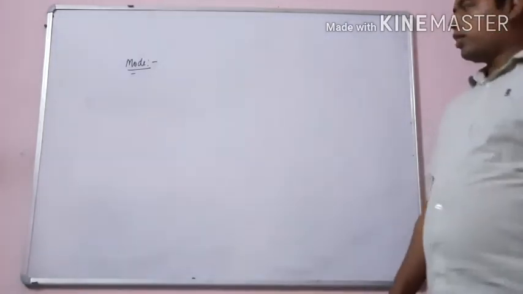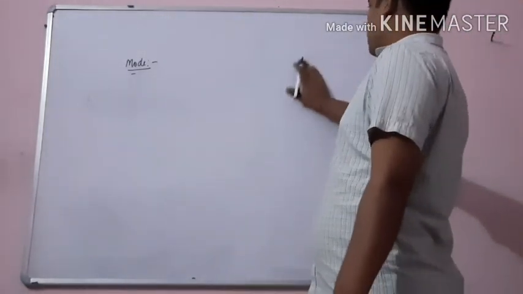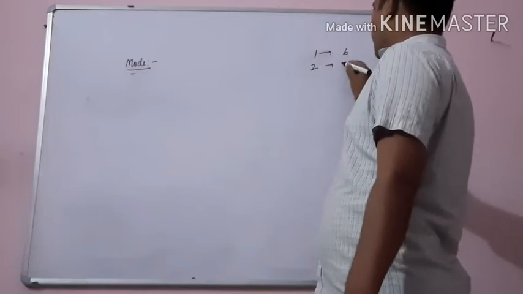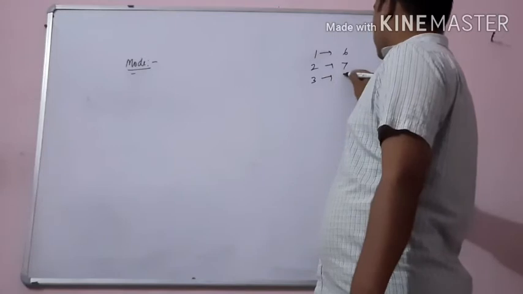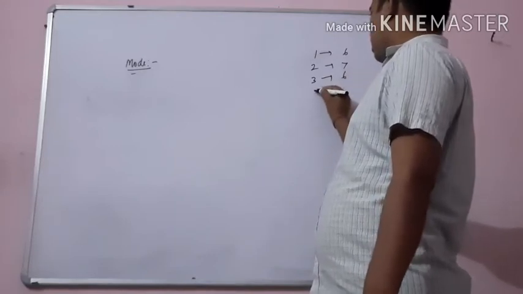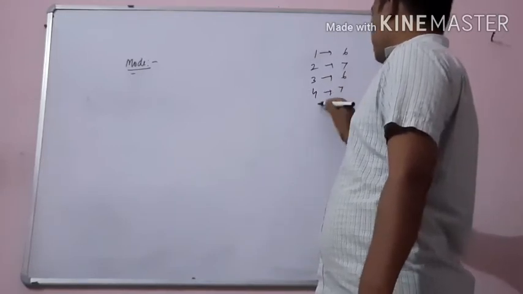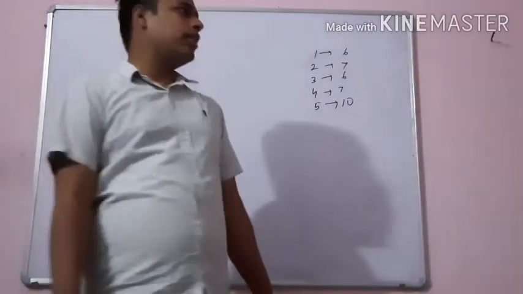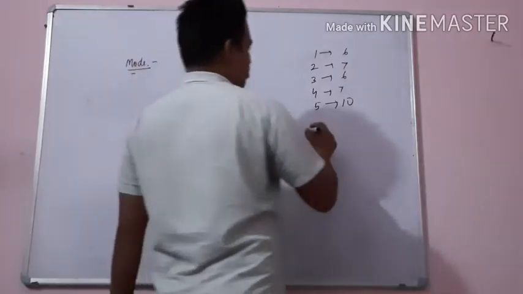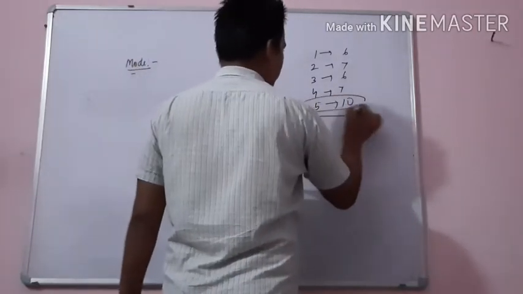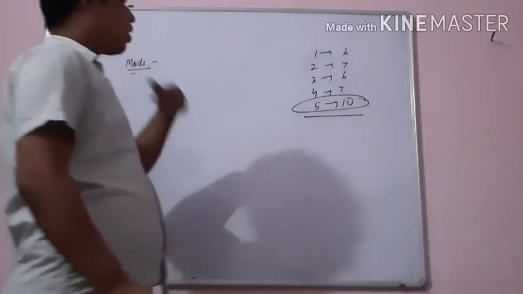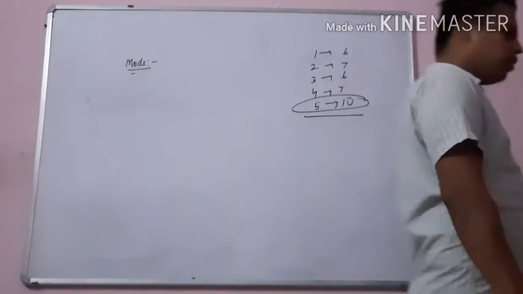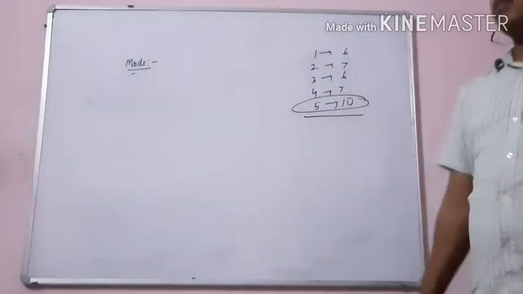Suppose a data is given: 1 occurs 6 times, 2 occurs 7 times, 3 occurs 6 times, 4 occurs 7 times, and 5 occurs 10 times. Then the mode of this data will be 5, because 5 occurs the most number of times. So the term which occurs the most number of times will give the mode.